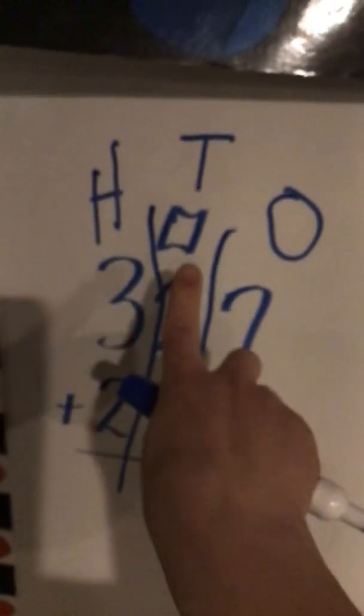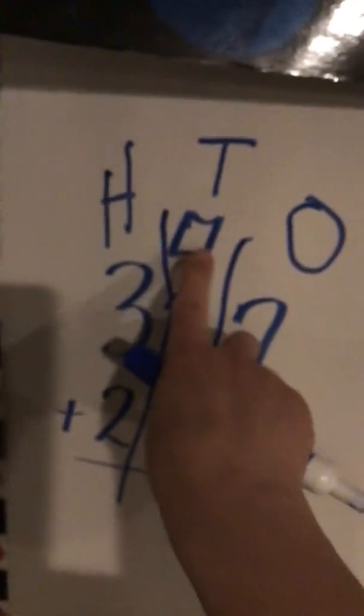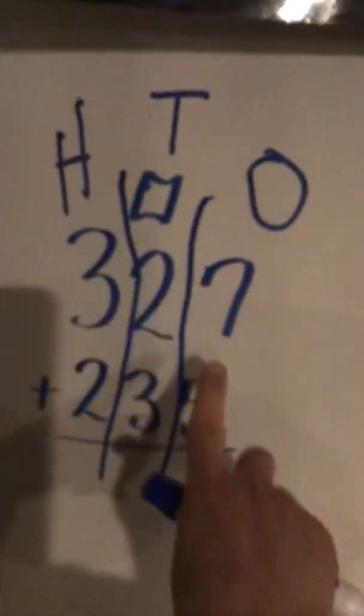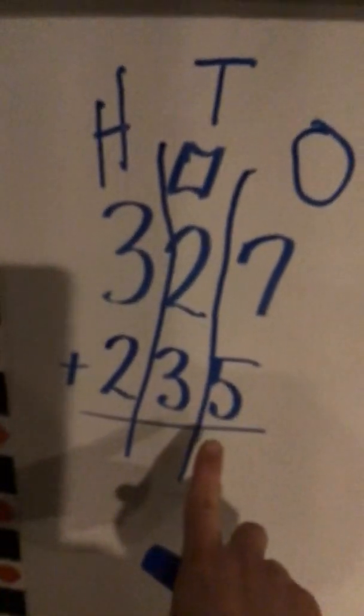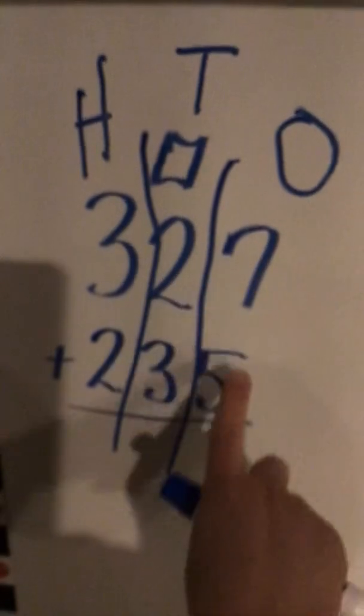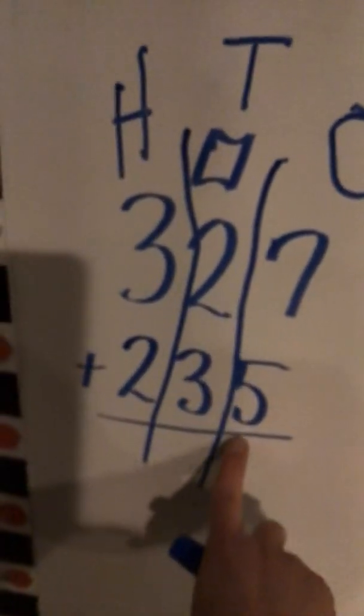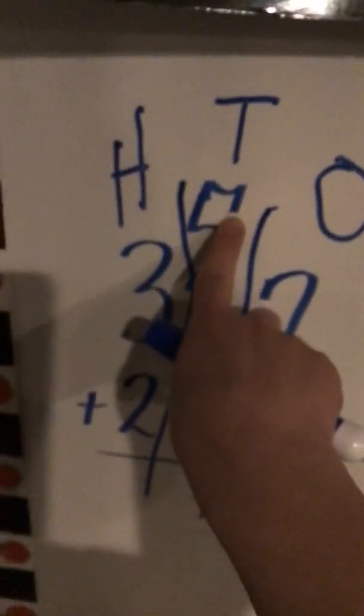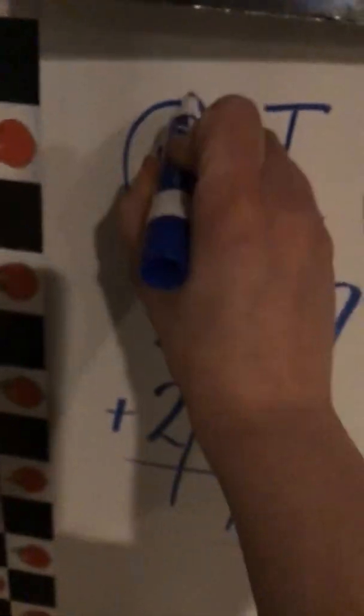Now, here's a little bit of a clue. Do you remember these little boxes that show we're carrying? Well, today, I'm going to show you how you carry from the ones column to the tens column, even though there's still a hundreds column over here.